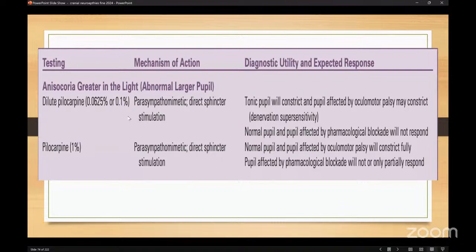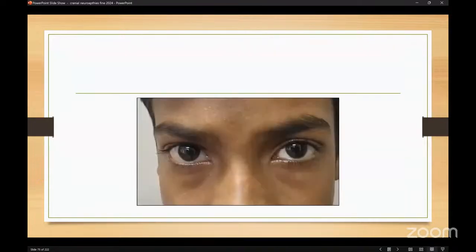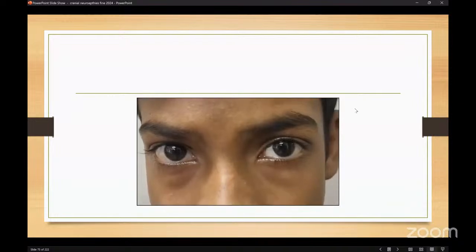You put 0.062% or 0.1% diluted pilocarpine and the pupil constricts, then it is a third nerve palsy. You put 1% and the pupil constricts, then it is oculomotor palsy. Even the pharmacological blockade doesn't reverse with pilocarpine. Can you tell this one?